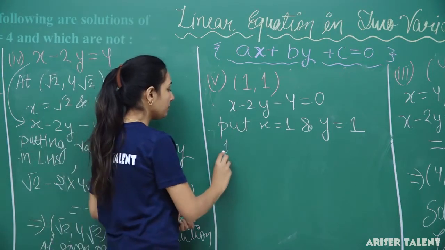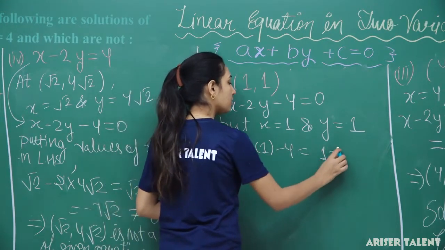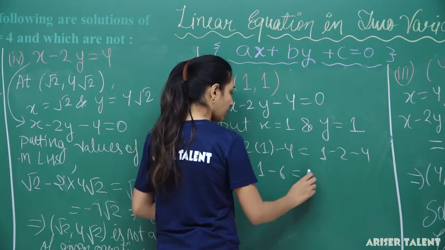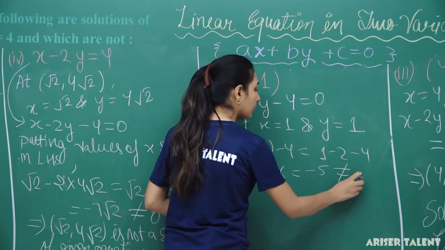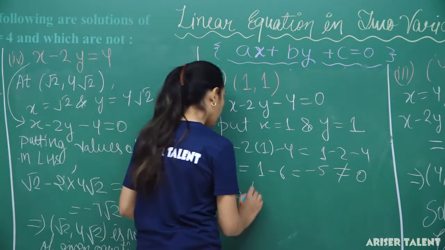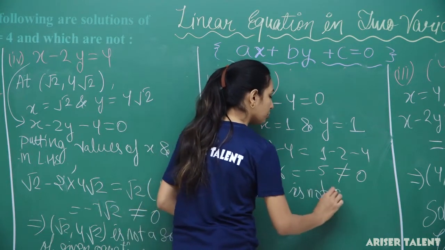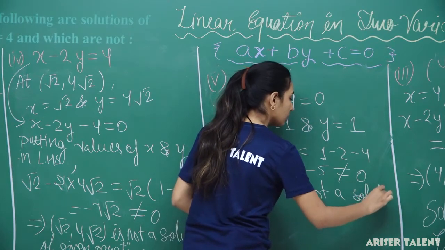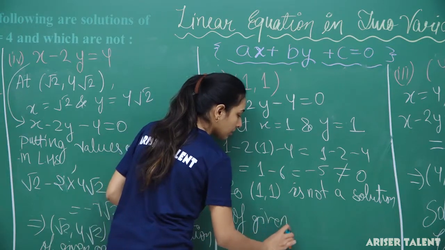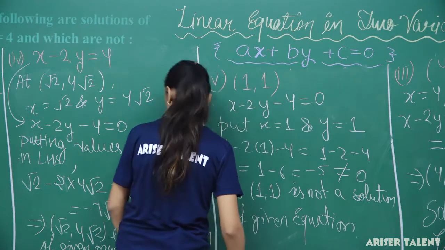So 1 minus 2 multiplied by 1 minus 4 equals 1 minus 2 minus 4 equals 1 minus 6 equals minus 5, which is not equal to 0. So that's why 1 comma 1 is also not a solution of the given equation. Simple? Note it.